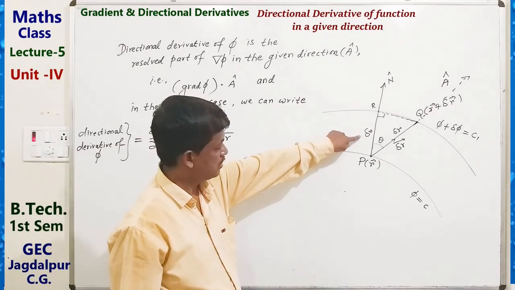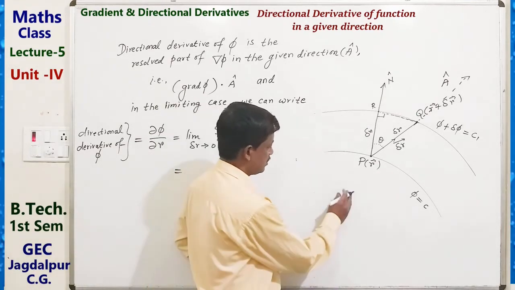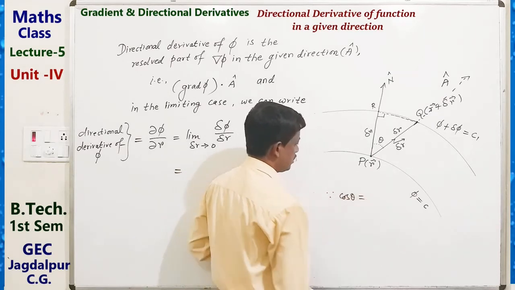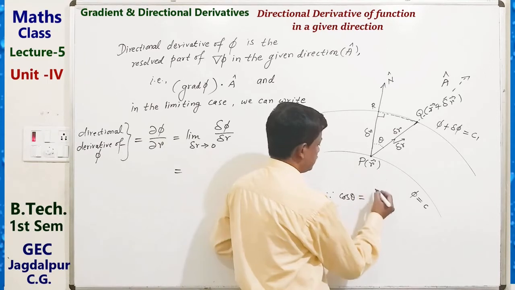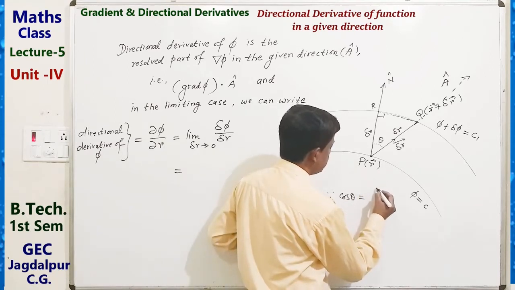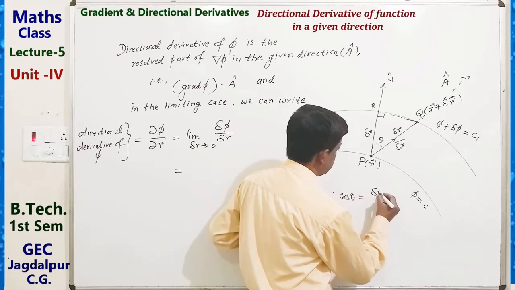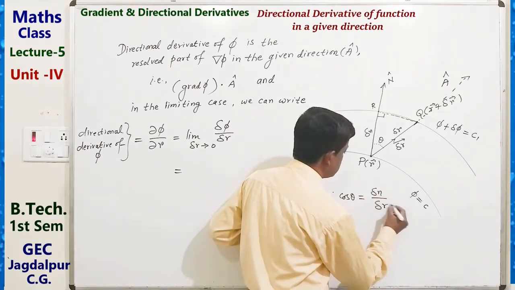From this position, cos theta equals delta n by delta r.